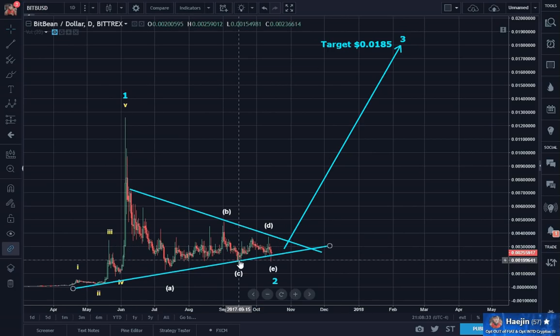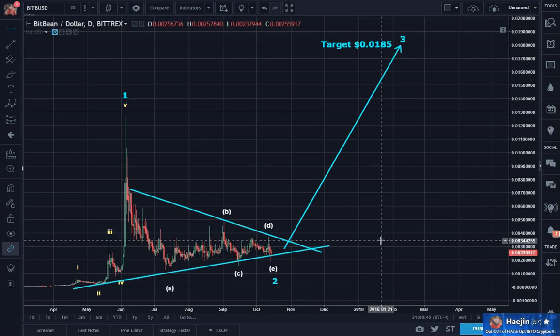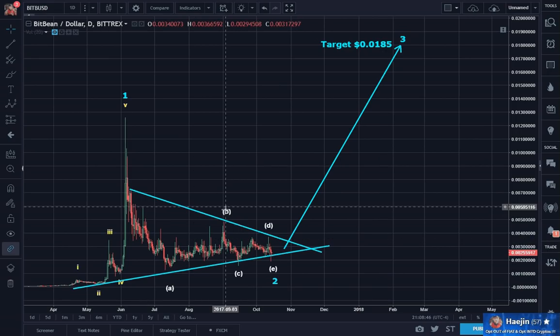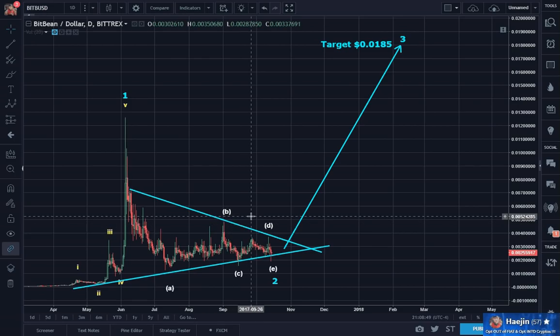When it pierces support but comes right back in, that's called a bullish wick. When it pierces the top and comes back in, that's called a bearish wick, like a candle wick.